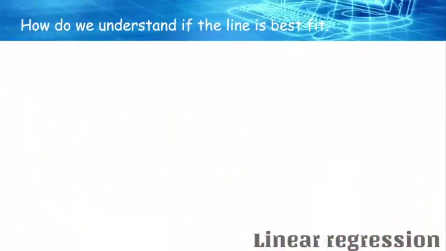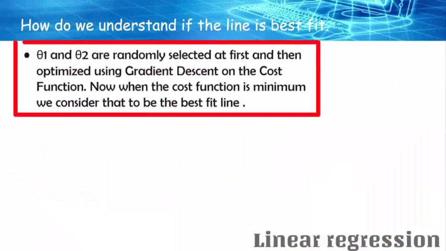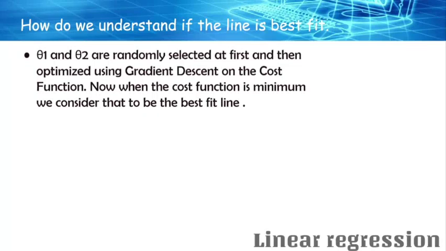Before that, let us understand how you know if the line is the best fit. Basically theta 1 and theta 2 are randomly selected at first and then optimized using gradient descent on the cost function. The values are selected more like based on an example.